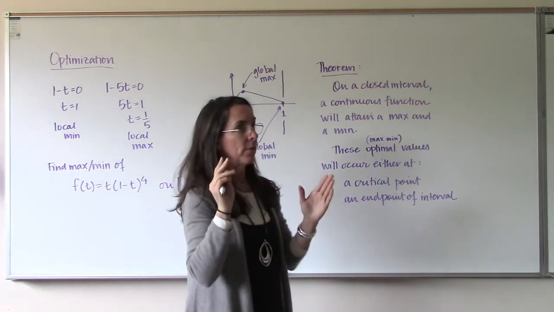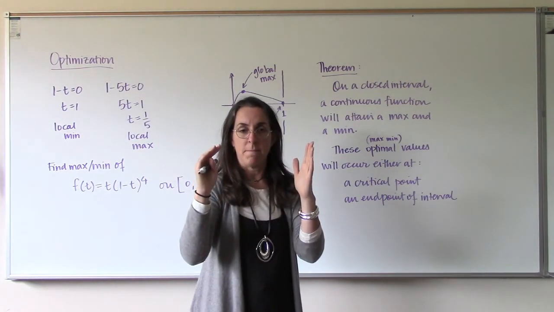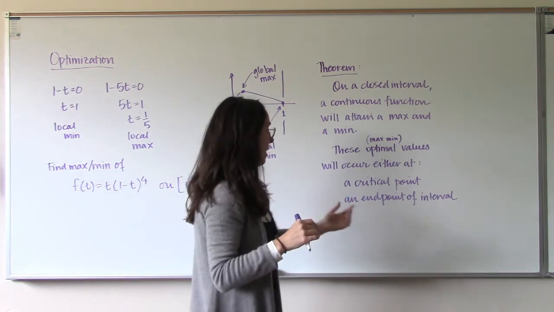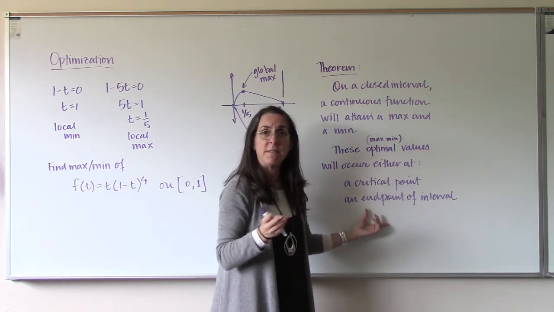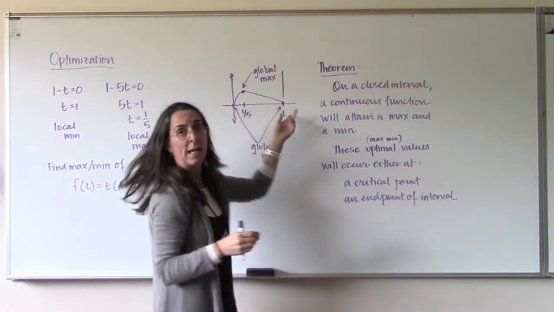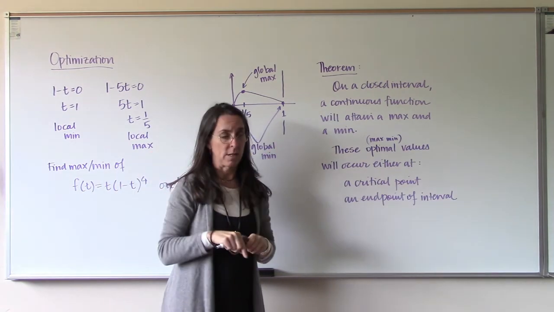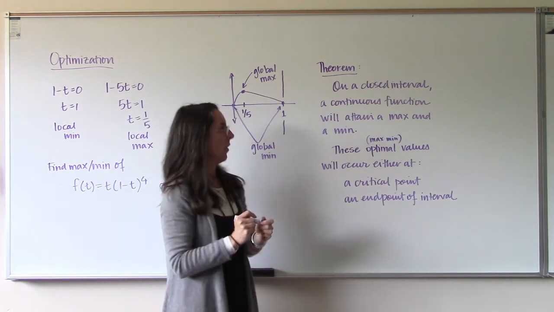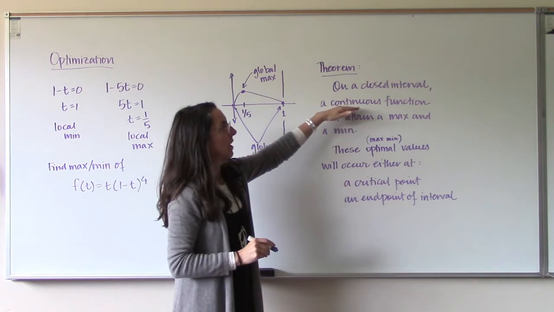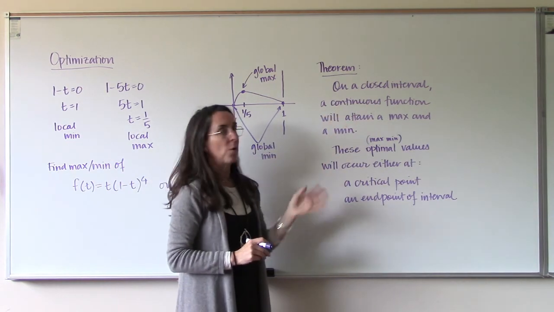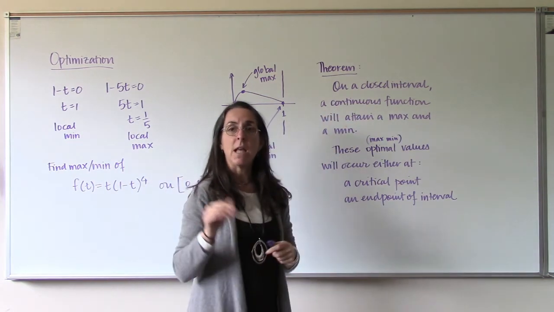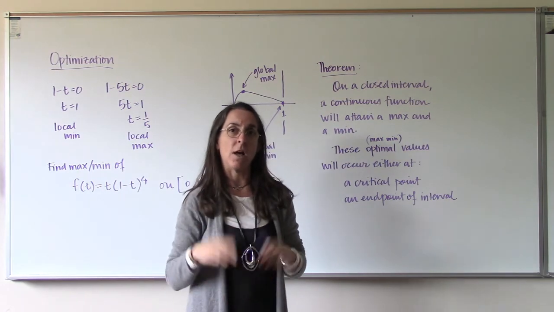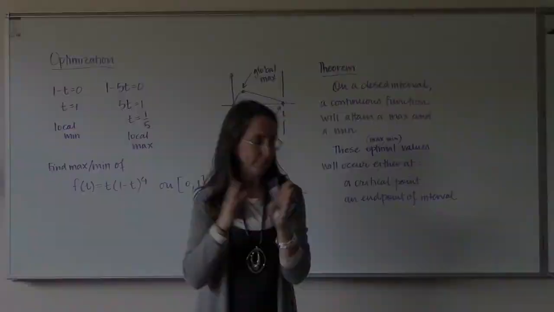So they'll either occur at one of those places, or it might be at the end point of the interval, which is what we had here, right? The lowest points were at the end point of the interval. So as long as you have continuity, you can always count on being able to find a max and a min on a closed interval, okay?